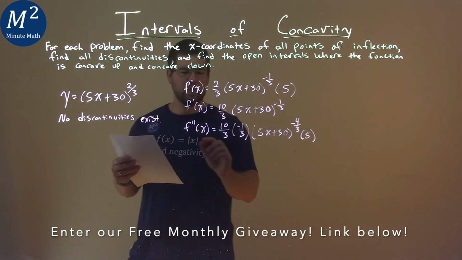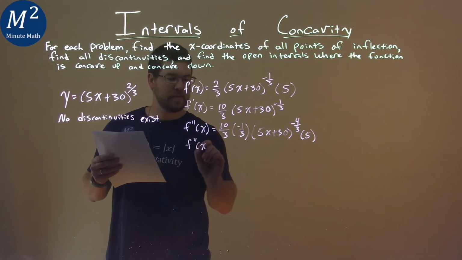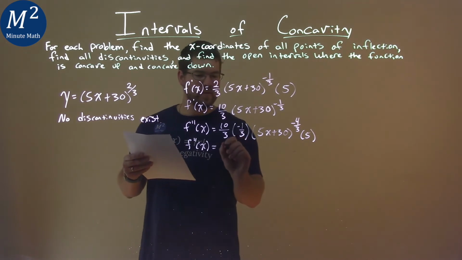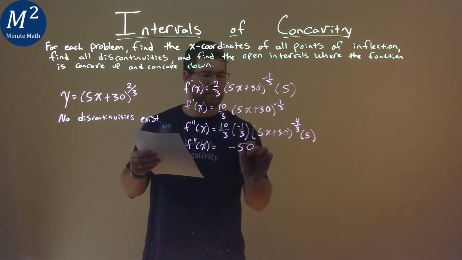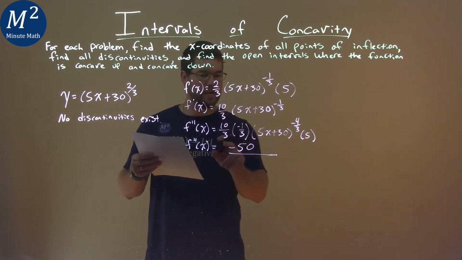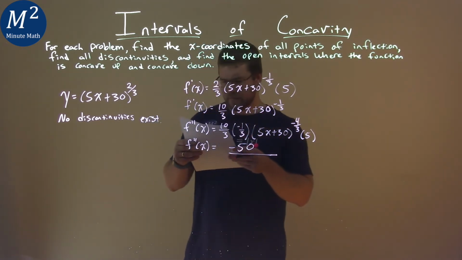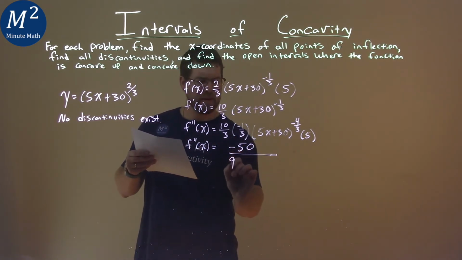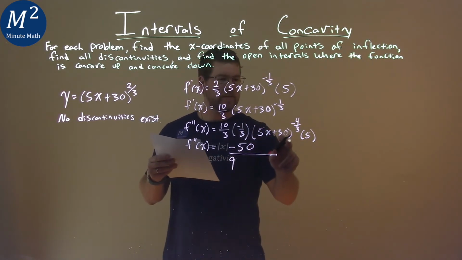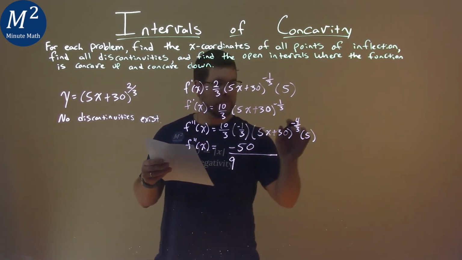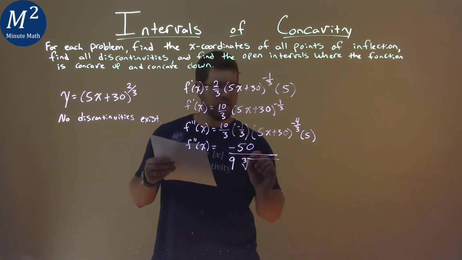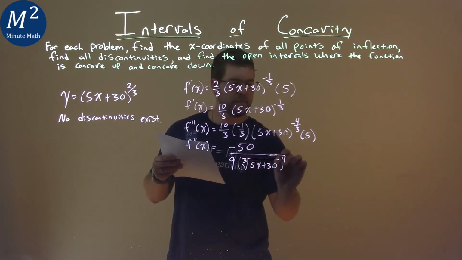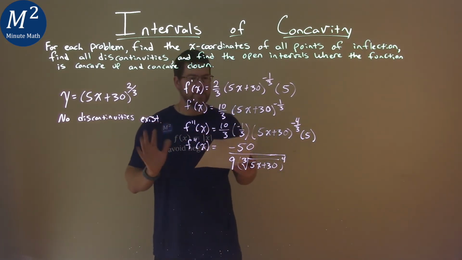Now we can simplify. 5 times 10 is 50, and with the -1 up top, we have -50 over 3 times 3, which is 9, in the denominator. Then we bring the 5x plus 30 down to the denominator, and it becomes positive, so it's the third root of 5x plus 30, all to the 4th power. Okay, we got our second derivative there.